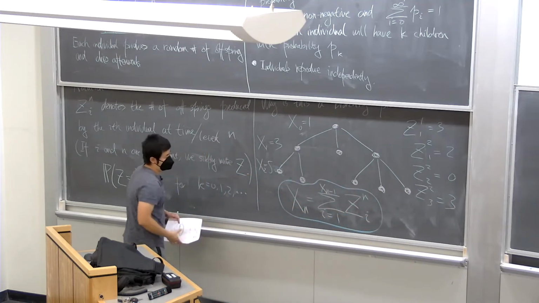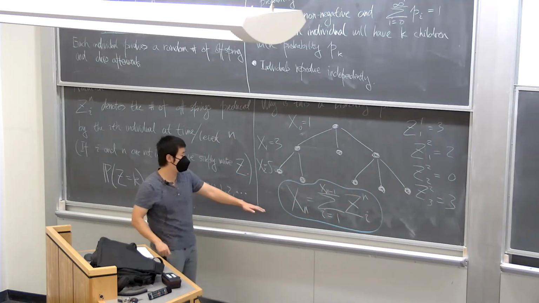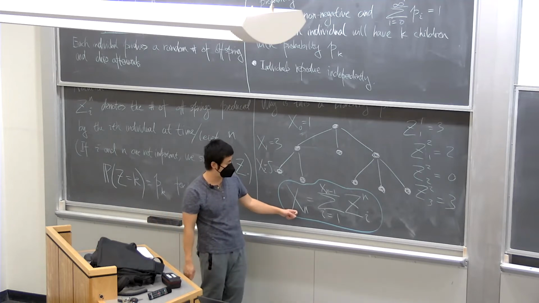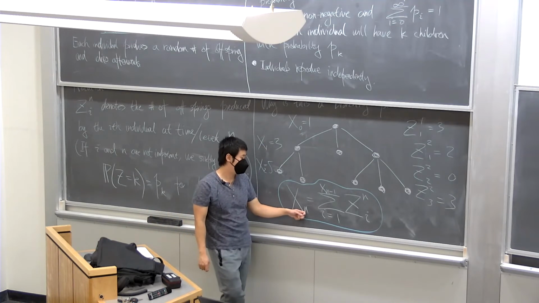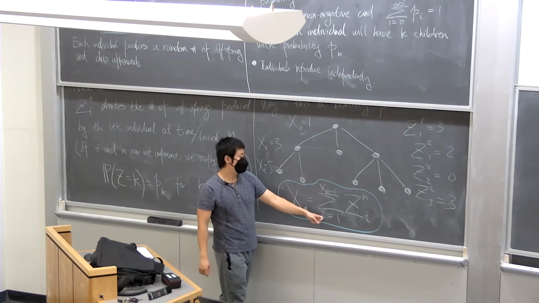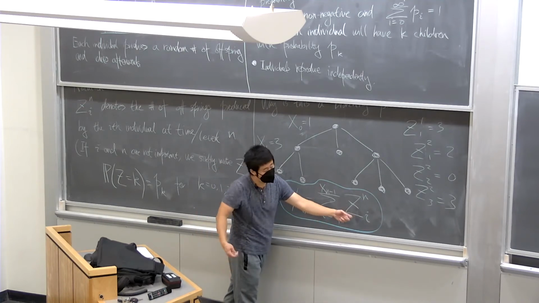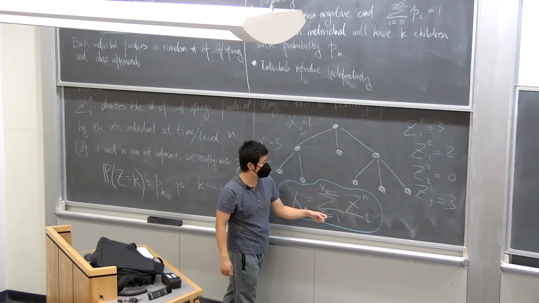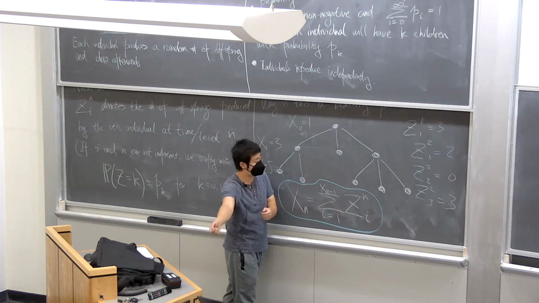Right. So essentially, this formula just says if we look at the number of individuals in the nth step, we just have to add up all the number of offspring produced by each of the individuals from the previous time step, right? In the previous time, the number of individuals is xn minus 1.